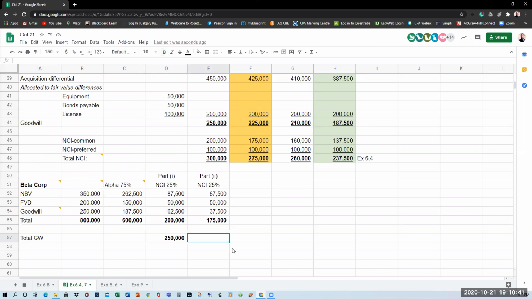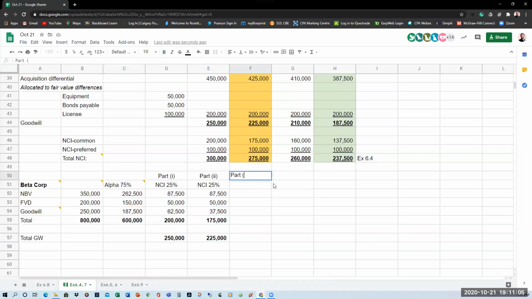In part two, if you calculate the total goodwill, you get the parent's share 187,500, add non-controlling interest share 37,500. Guess what? You get your 225,000 back. Again, this is proof of how non-controlling interest and goodwill go hand in hand. You can check that with part three as well.